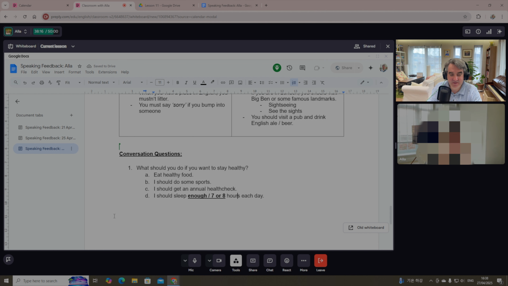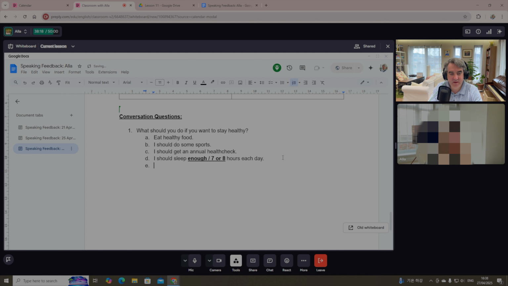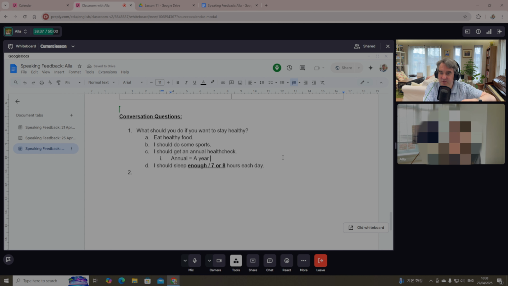What is annual? Annual, okay, it's a good word. It means once a year. So, get an annual health check. In South Korea, for example, healthcare is very good, and everybody can get a health check once a year.